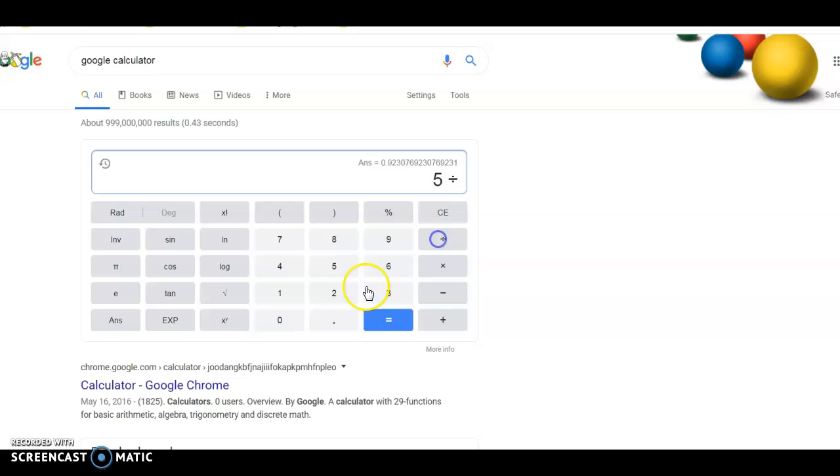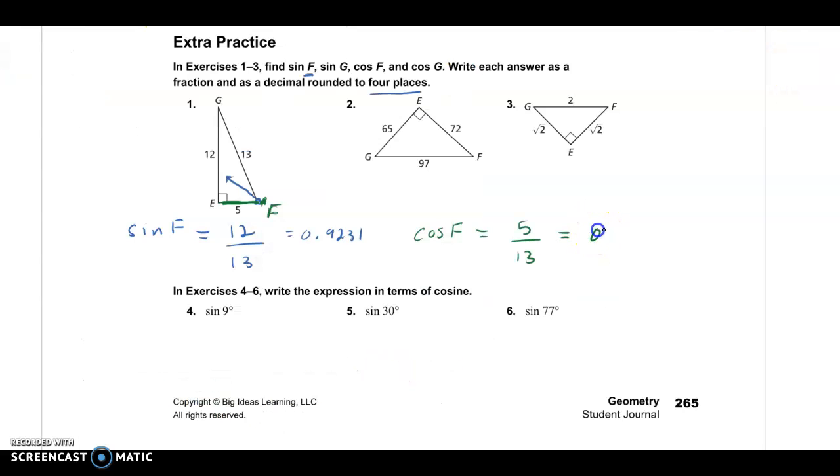Clear it out. 5 divided by 13, 0.3846. Good. And then it asks me to do the same thing from G.